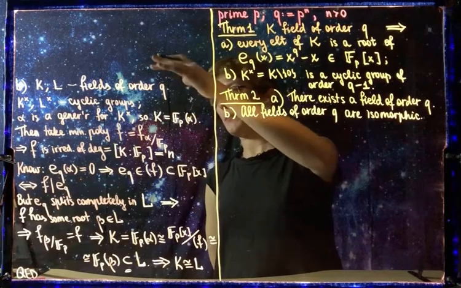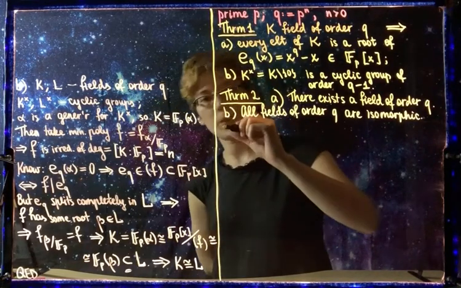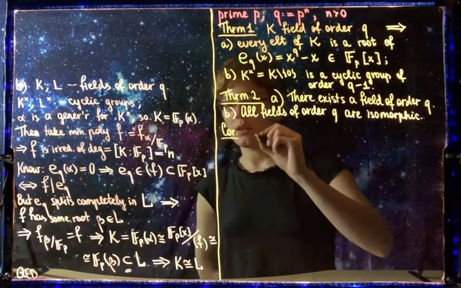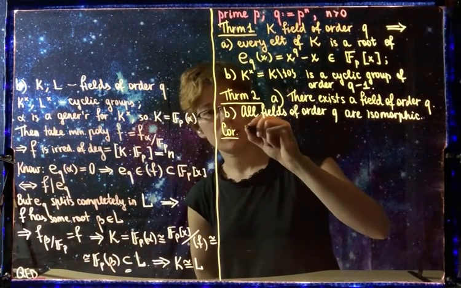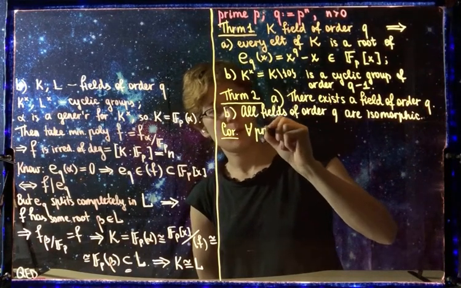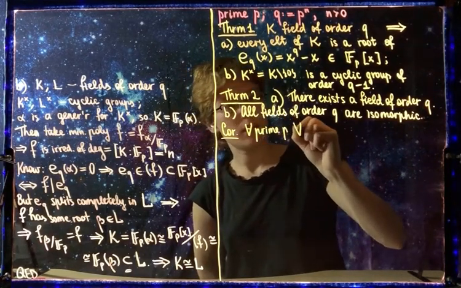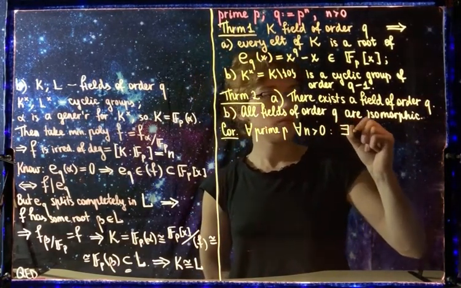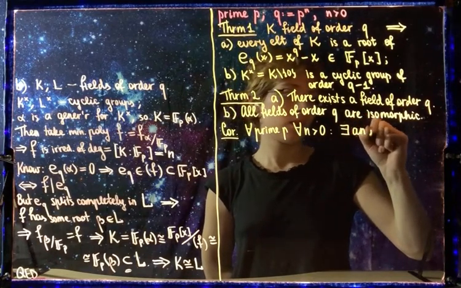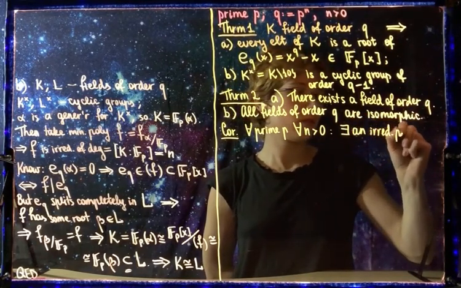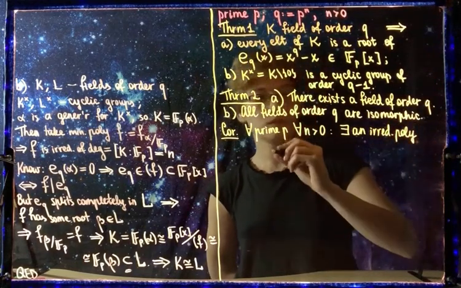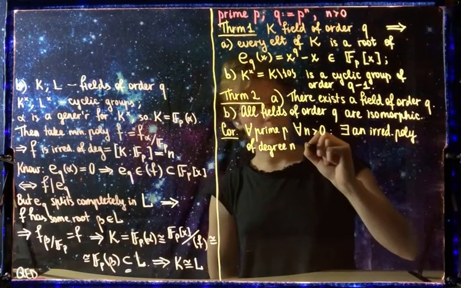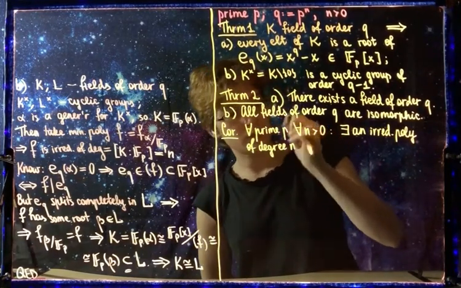We can quickly observe from the way we proved part B of Theorem 2 that for every prime p and for every positive integer n, there exists an irreducible polynomial of degree n over Fp.